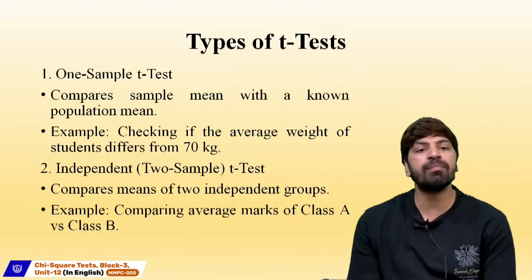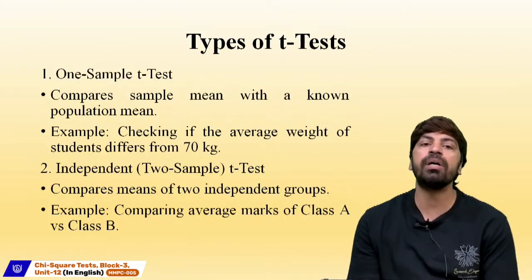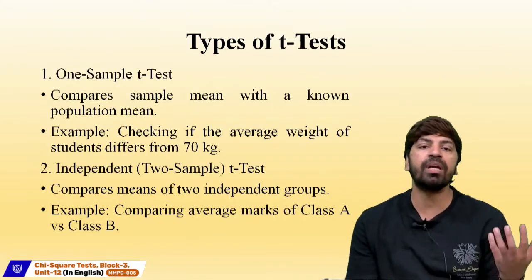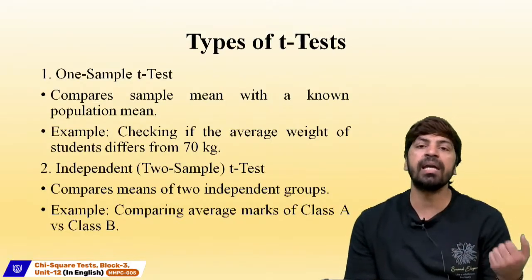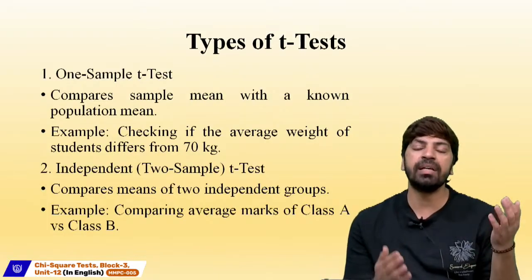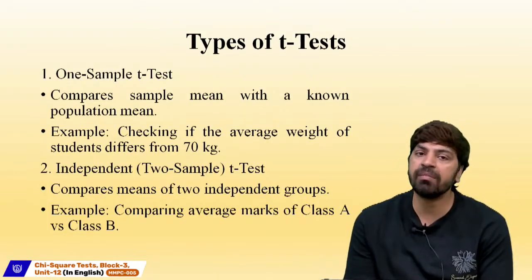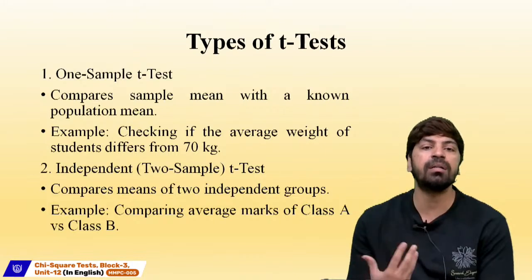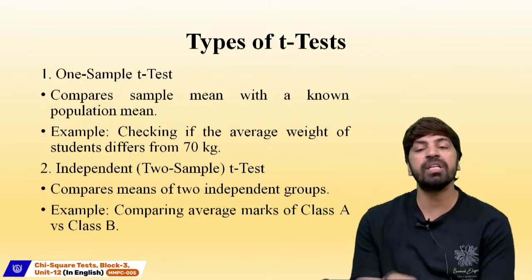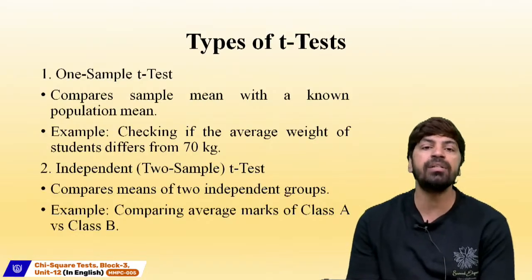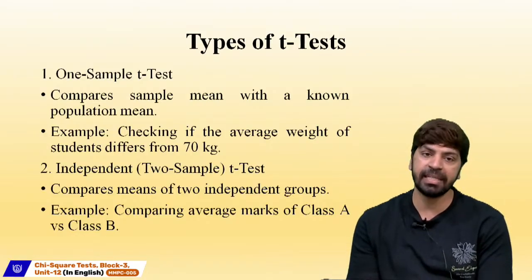The second type is the independent, or two sample t-test, where there are two independent groups, with values like height and weight, the individual values are given, and we have to compare the means of these two independent groups. Then we use the independent or two sample t-test.